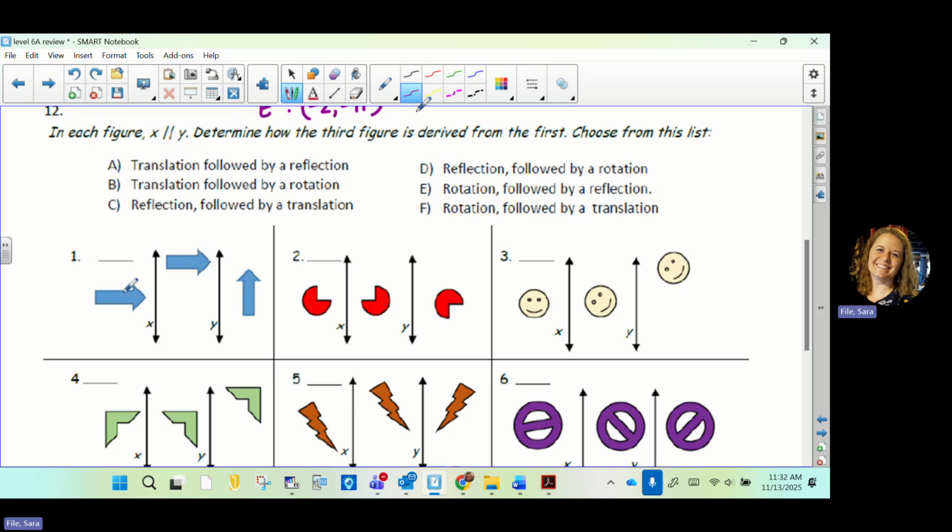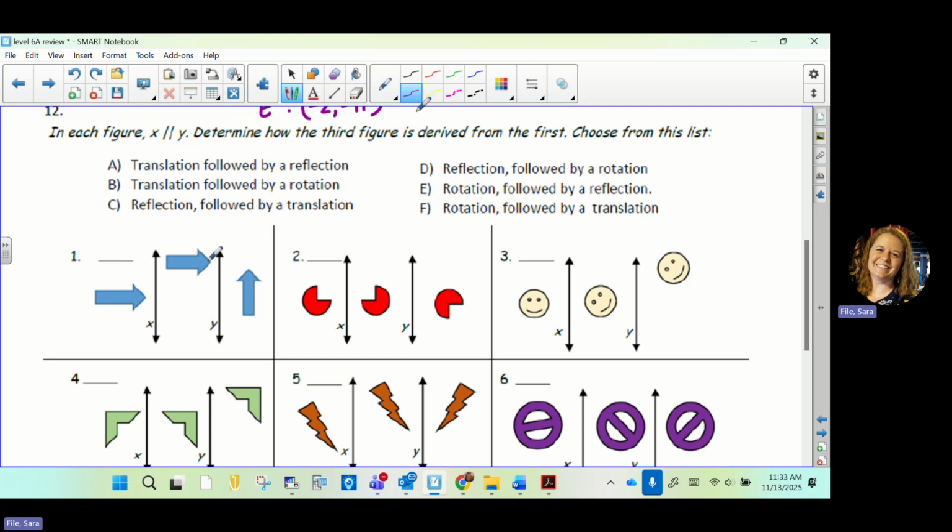Because this looks like it's oriented the same, it looks like it was just slid up, right? Y'all agree? So they slid it up and over. So that's a translation. And then to get from this middle one to this one, that is not a slide. That is not a reflect, because if I flipped it, it would be pointing to the left, wouldn't it?